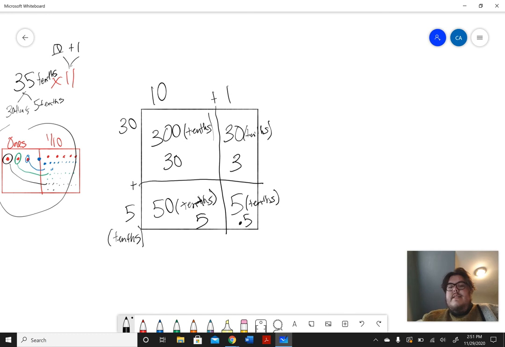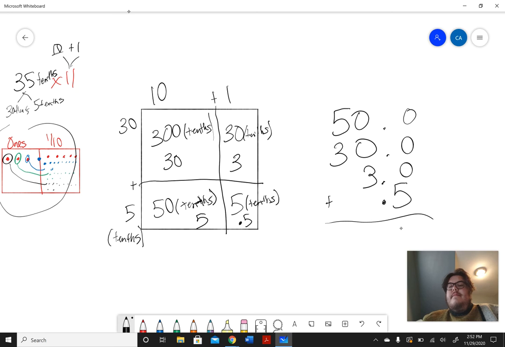Now, what do we do next? We add them all together because that's what we do in an area model. So we have 50, 30, 3, and 5/10. Mr. Austin forgot to line up his place value because we're adding. All right, add them up. All these zeros plus 5 is 5/10.